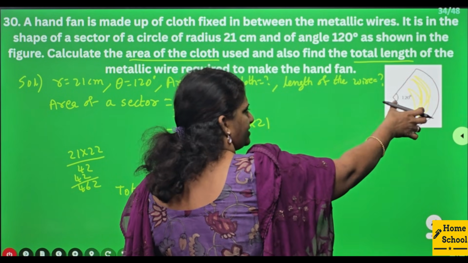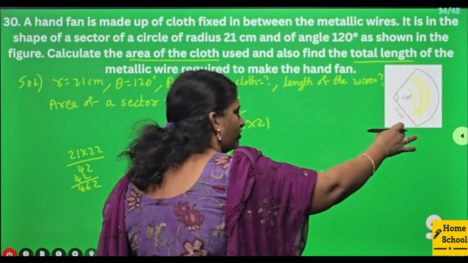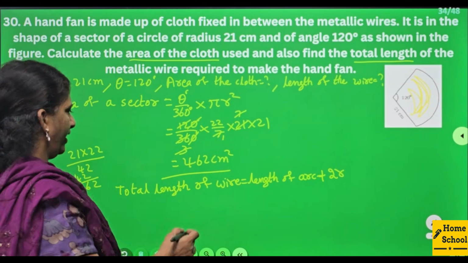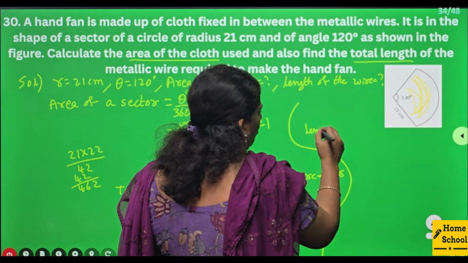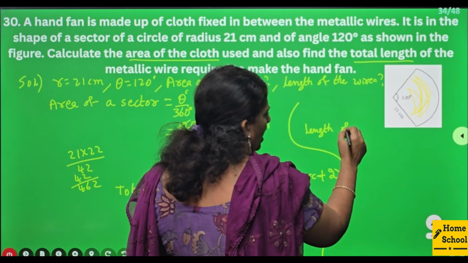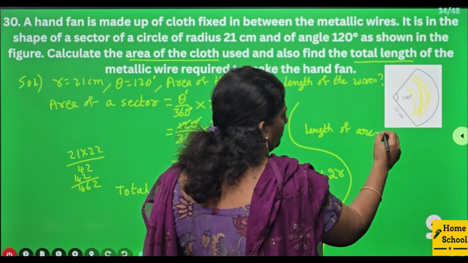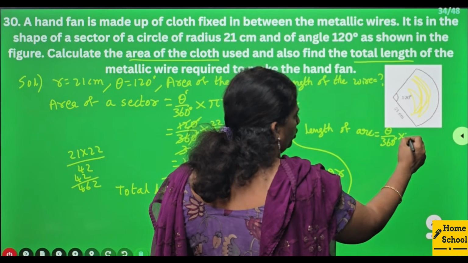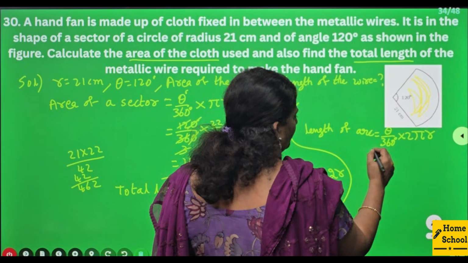Radius, here radius there, another radius, and the length of the arc will get you the complete length of the metallic wire. Length of arc is equal to formula theta by 360 degree into 2 pi r.